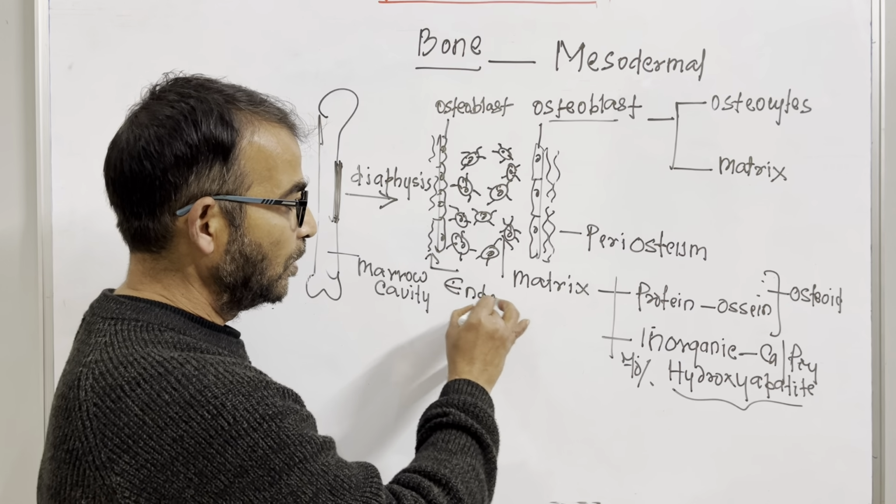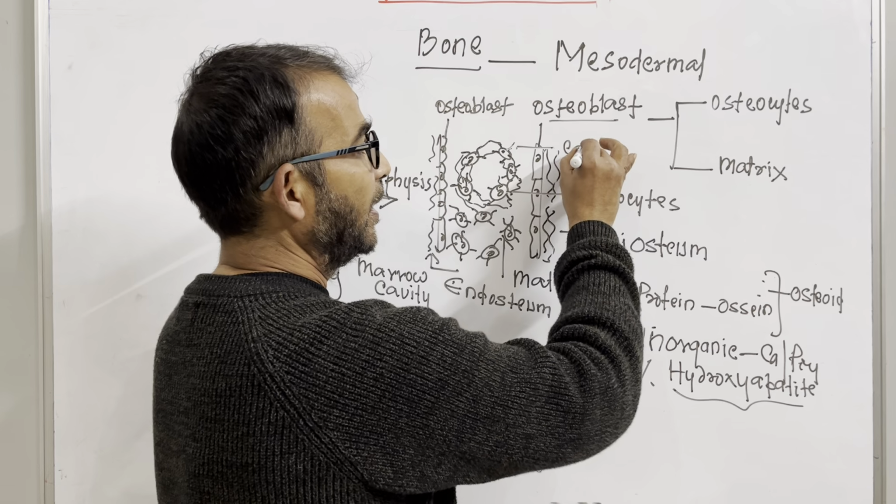As you can see, inside the matrix they form small canaliculi. It's like a connection between individual cells. They remain connected with each other, as well as with the concentric lamellae and the matrix. This is called canaliculi.